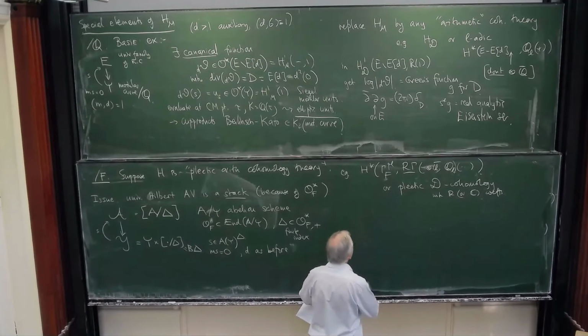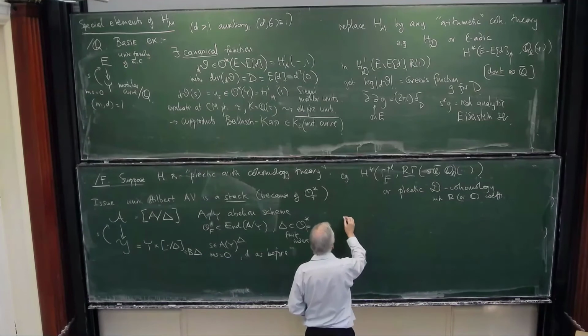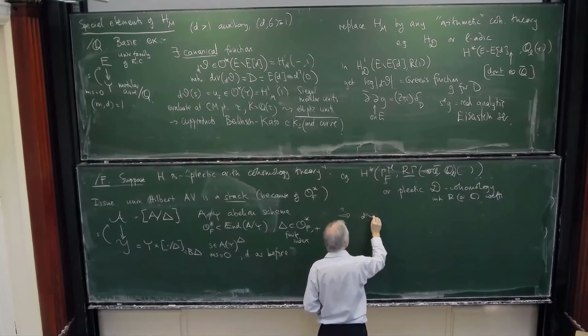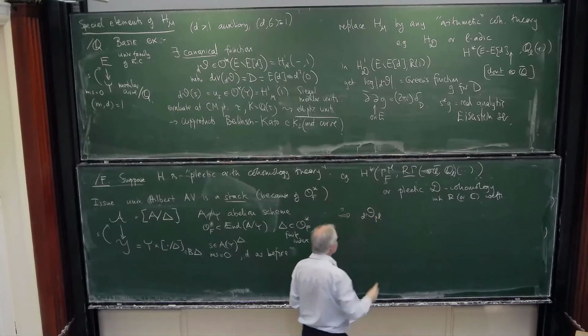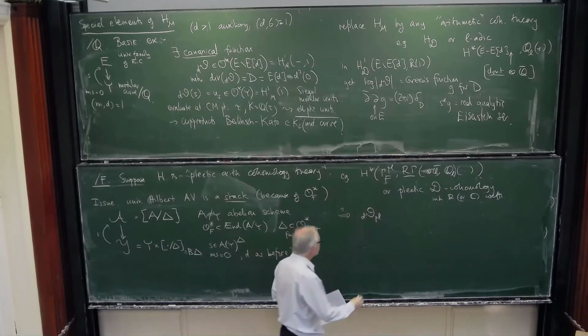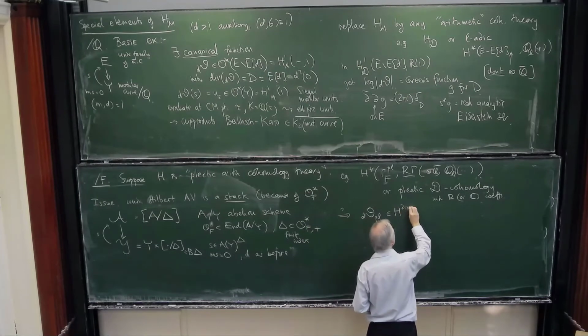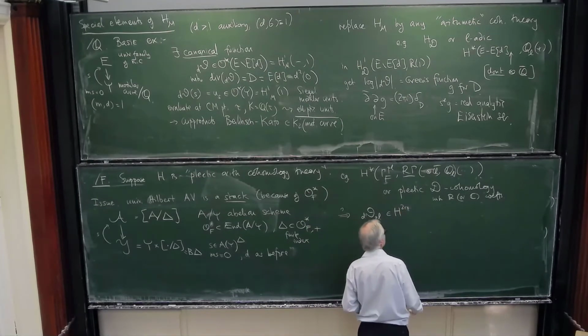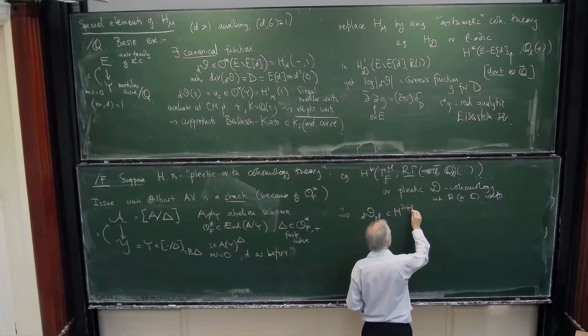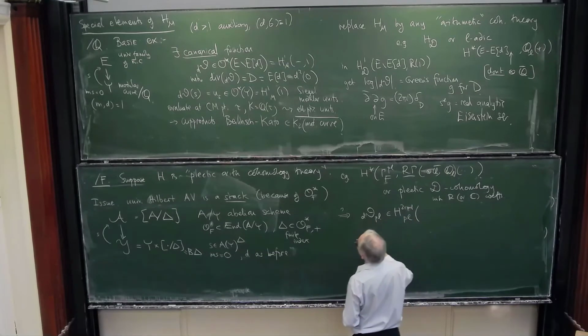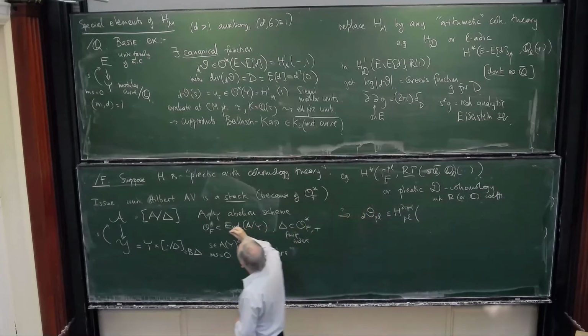Now, formally, if we had this cohomology, you could then construct a sort of plectic element of now this plectic cohomology. So I'll put P out here.